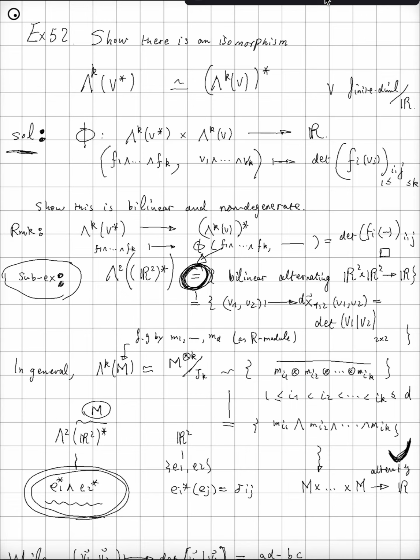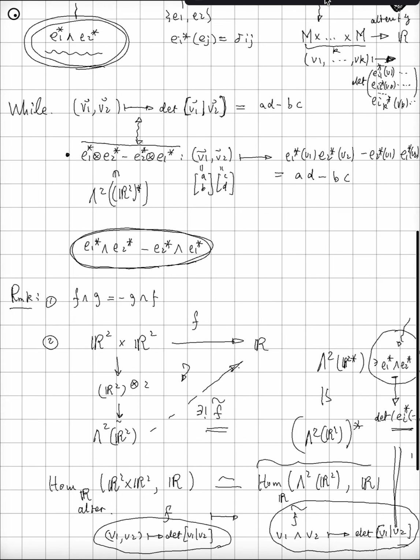So I suppose this is K times Vk, and this should be mapped to, again, the determinant of a matrix, and here you got your Ei1 star with 1, etc., Ei2 star with 1, the second row, etc. And the last row is EiK star with K, etc. So what you're doing is exactly cutting out the I1's row, the I2's row, until the IK's row of the matrix V1, V2, Vk, right?